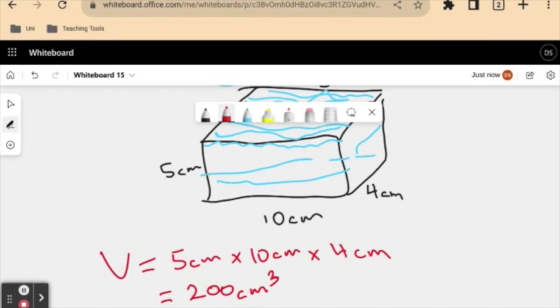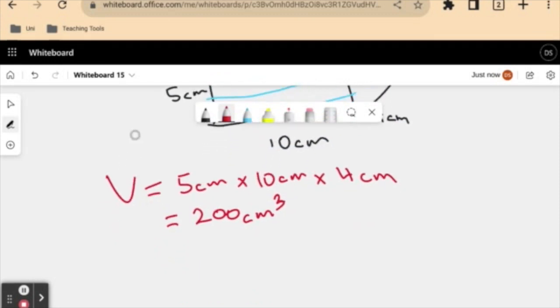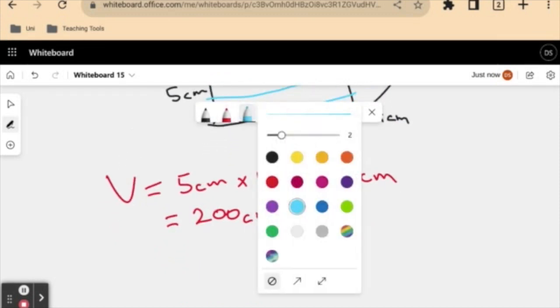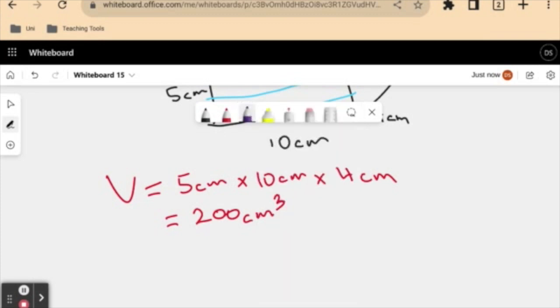Now, all capacity is a relation to a volume. And the only kind of formula or equivalence, if you want to call it, that I'm going to write here is how we relate capacity to volume. The main crux of this is that 1 milliliter, which is a measure of capacity, equals 1 centimeter cubed.